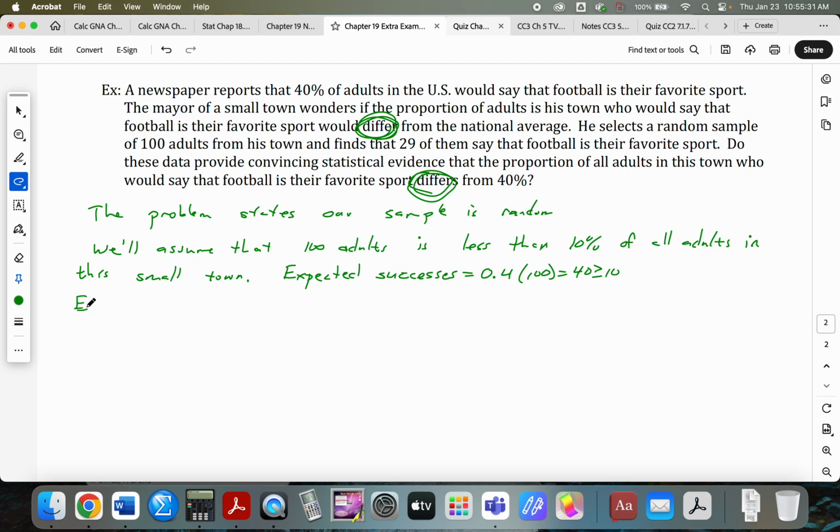And our expected failures is going to be 60% of the 100, also greater than or equal to 10. So the assumptions and conditions have been fulfilled for A.